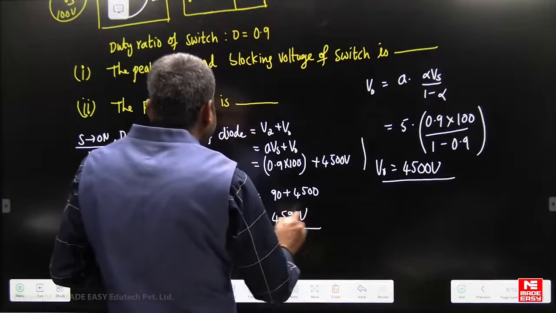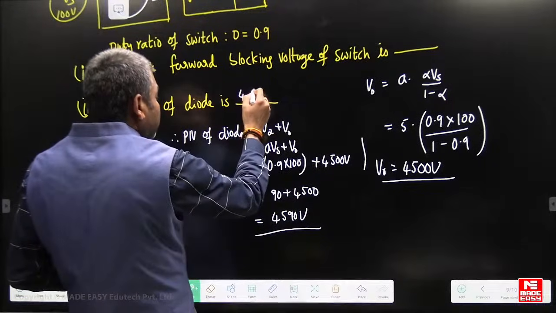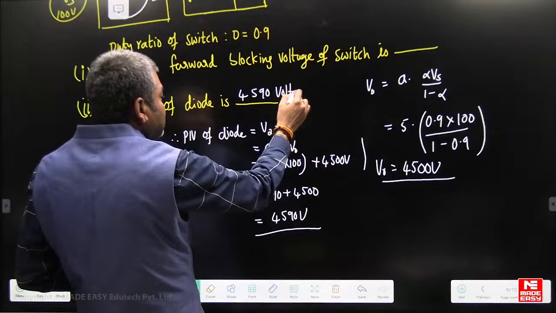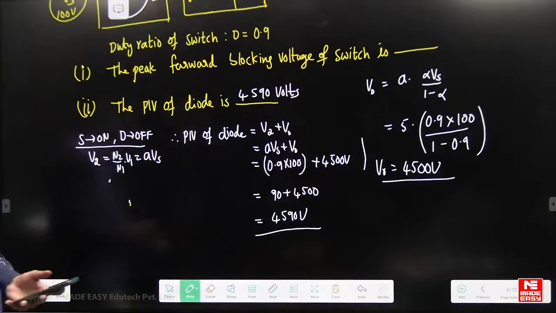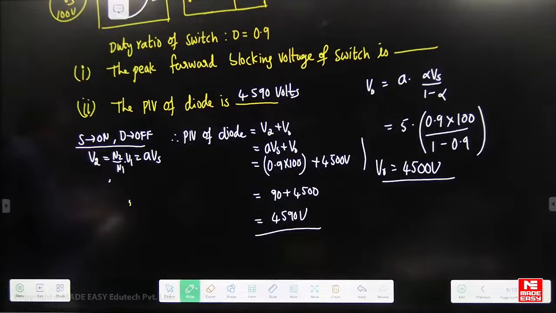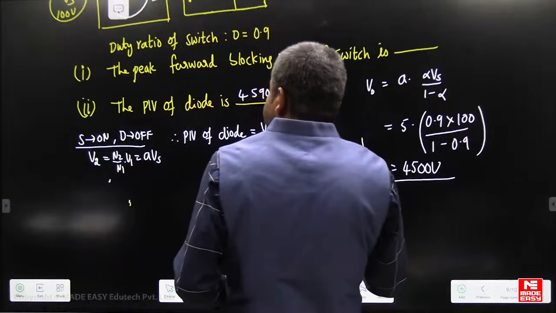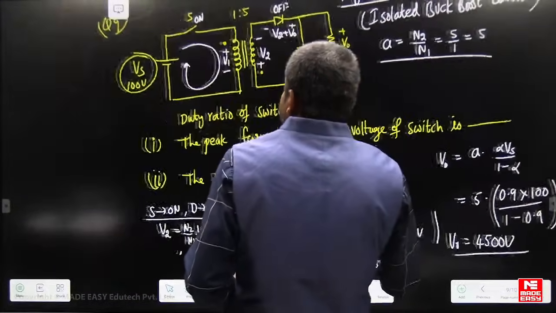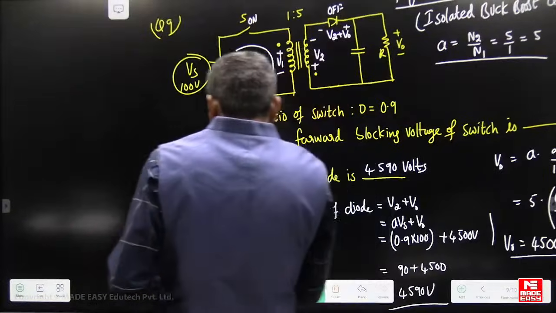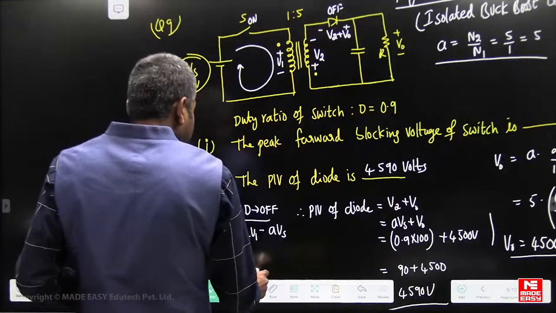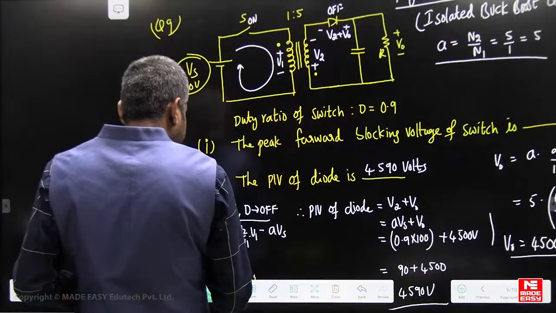So this is the PIV rating of diode, 4590 volts. So that is the PIV rating of diode. Okay, students, got the answer? And find out the blocking voltage of switch. I think you know this formula here, second mode. I will show you the second mode now, so that you will have very good clarity here.